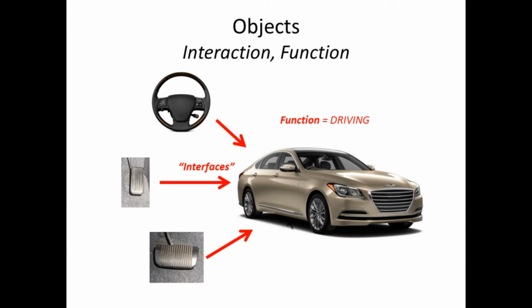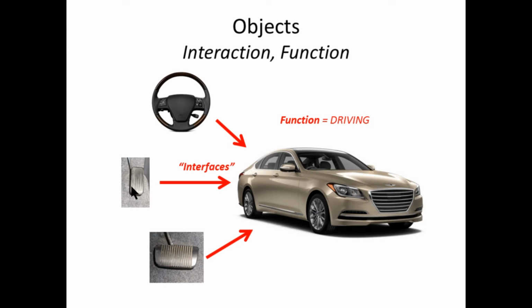So if we look at a car as an object, it basically has a single primary function, and that is to drive you places. Okay, so it's a simple function of driving. To make it do that, it has inputs that the user has to apply to the object to make it do its thing. So for example, it has a steering wheel that tells the object how to go in different directions. You turn the steering wheel and you go left or right.